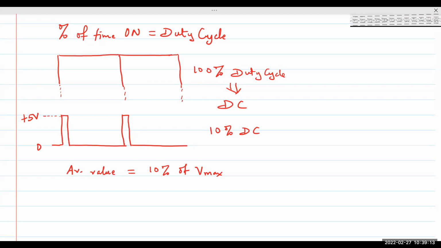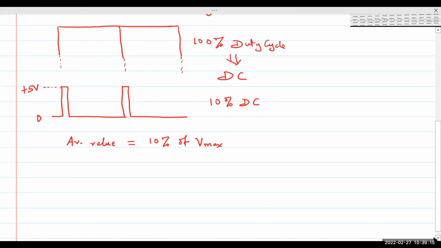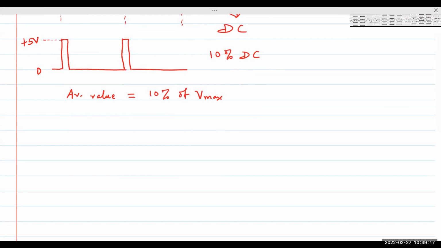Similarly, a 50% duty cycle simply means that the rectangular pulse is on for 50% of the time, and then it's off for 50%. On, off. This is one full cycle. This is half the cycle.